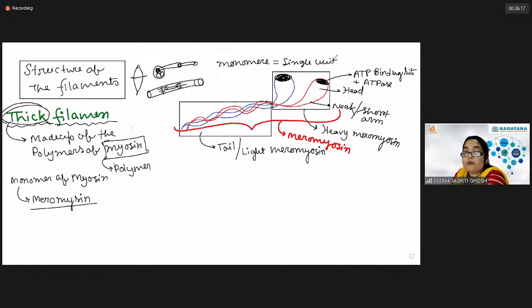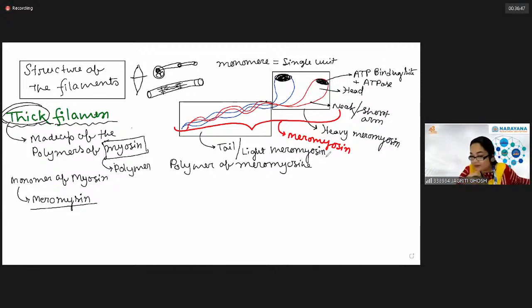We must see the polymer of meromyosin. Let us try to draw the polymer of myosin.